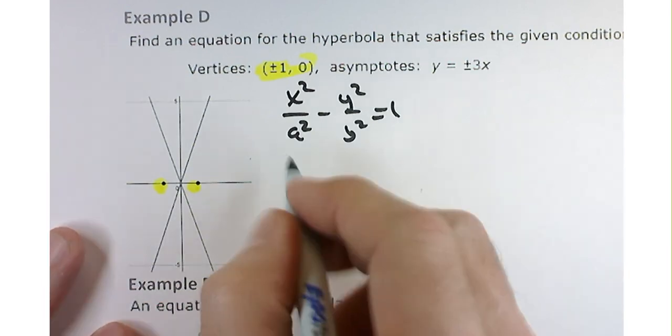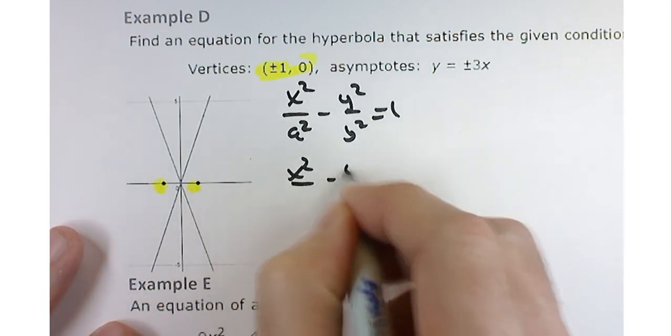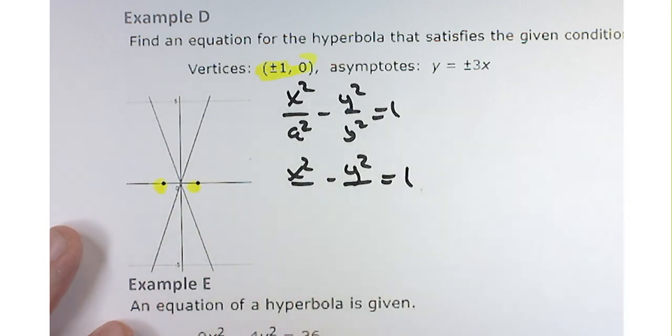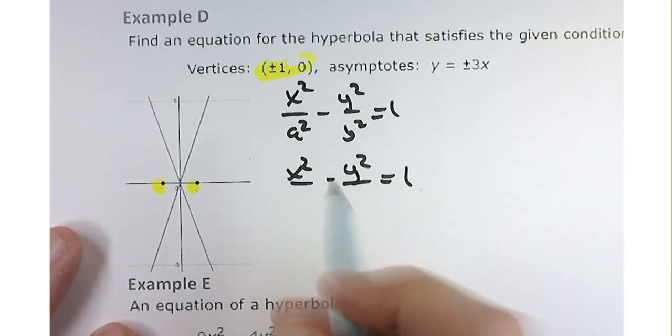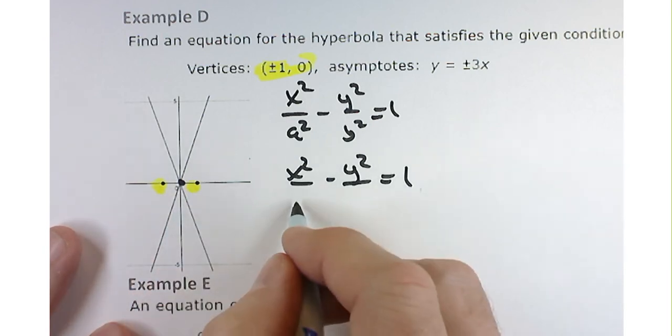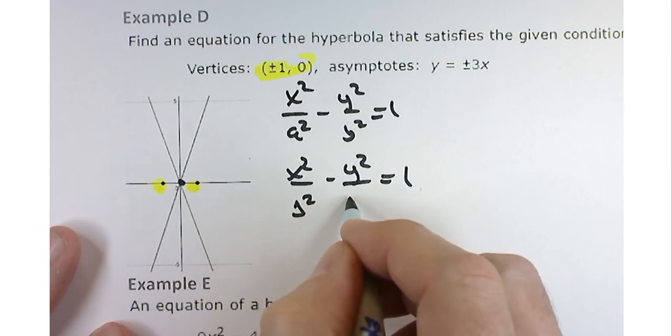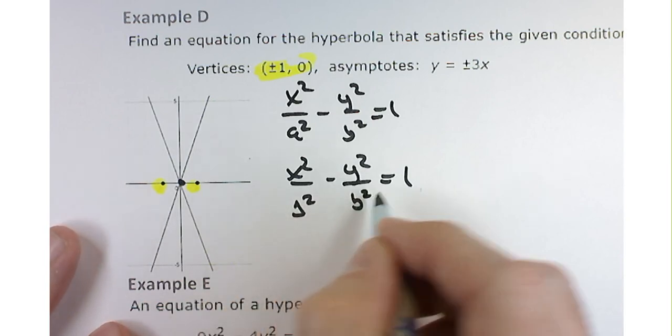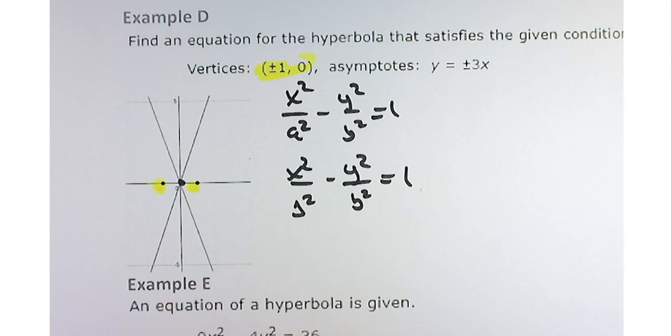Well, what is it? One, yeah, there you go. A is going to be this distance right here, distance from the center to one of the vertices, so it's going to be 1 squared. And we're stuck figuring out what b squared is, but we do have a little bit of a hint.